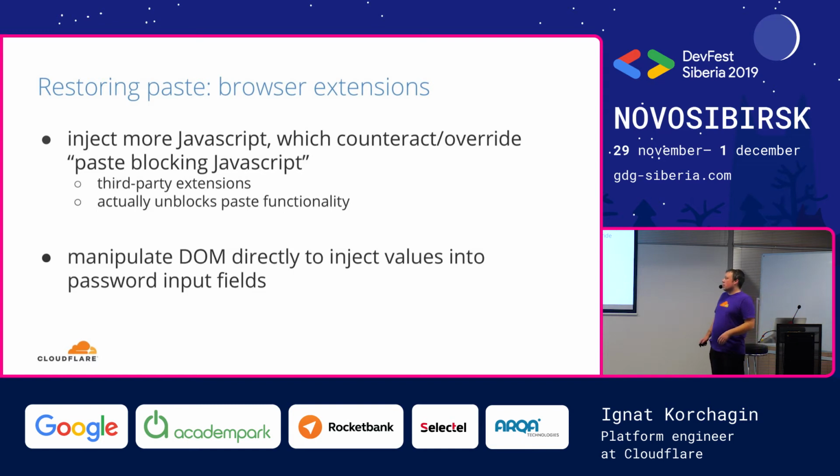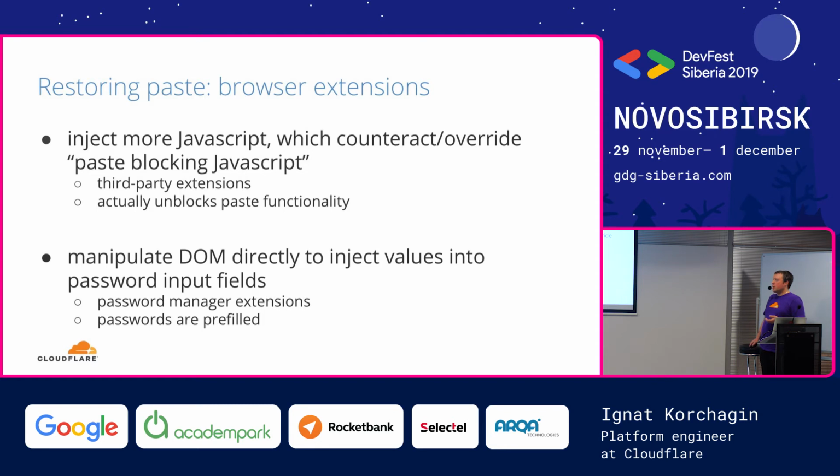There are also plugins which manipulate the document object model directly to inject password values into the password fields. These are usually implemented by password managers themselves because they have access to the passwords. When the page loads, they pre-fill the passwords for you, which is quite handy.